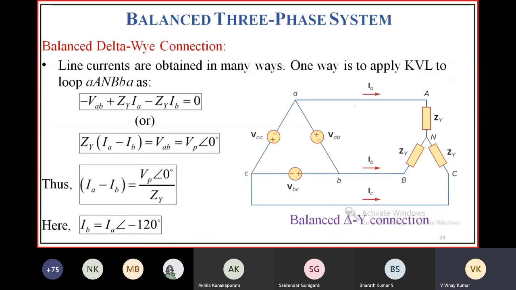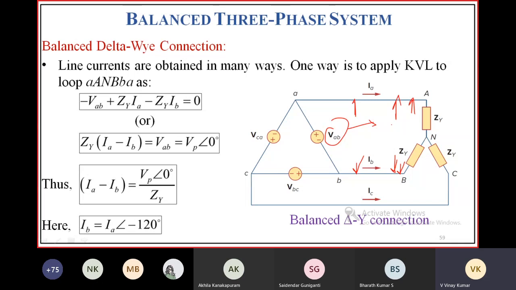Directly this phase voltage will appear between these two points. Either you convert this into delta, or you can find this is equal to line voltage. Actually, this is phase voltage on the source side, and on the load side, it is line voltage.